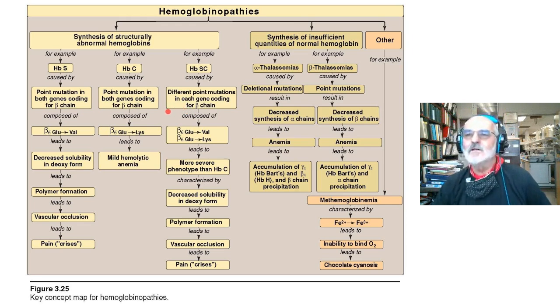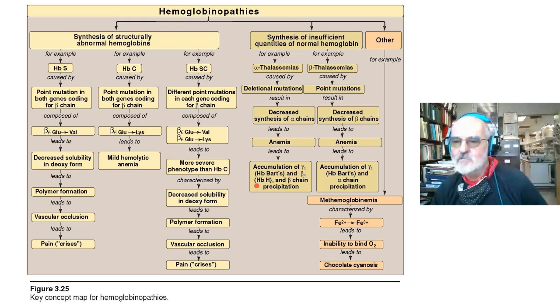We're exactly at 60 minutes since I started. So this is a summary that comes out of your Lippincott synthesis of structural abnormal hemoglobins, described here, and the various features of S and C and SC. Insufficient quantities: the thalassemias for alpha, thalassemias for beta, the various forms that exist, the hemoglobin Bart's, hemoglobin H, and the hemoglobin F. That's in your summaries.